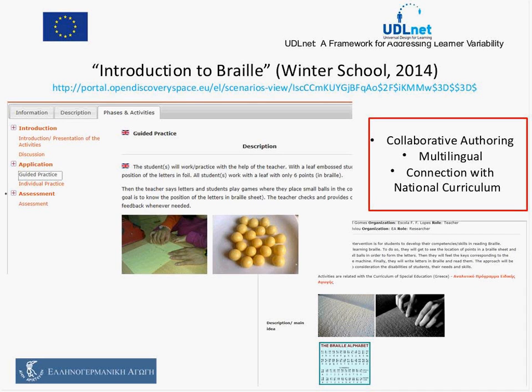Two colleagues collaborated in order to author the specific scenario. It's multilingual and it's connected with the national curriculum. All these functionalities are available through the use of the ODS authoring tool.